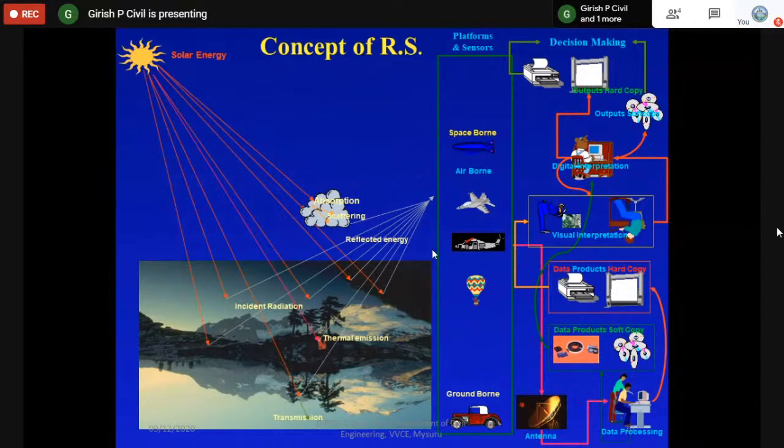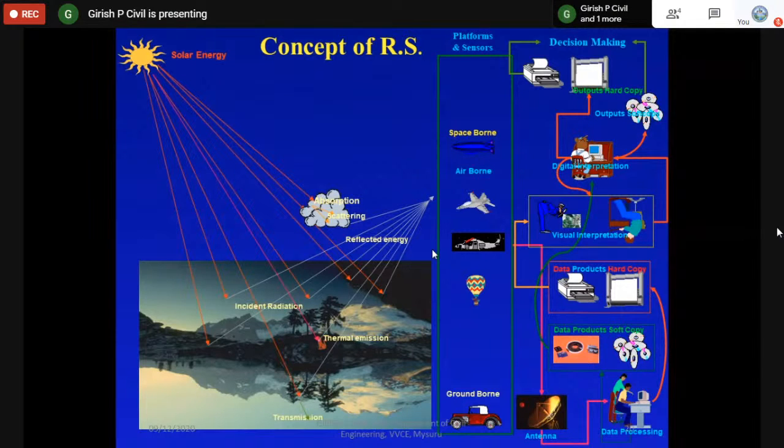Once the data is processed through the system, a soft copy as well as the data product is prepared, and then it is transferred for visual interpretation techniques, and after that, digital preparation of the product.